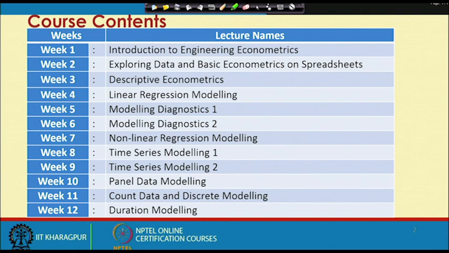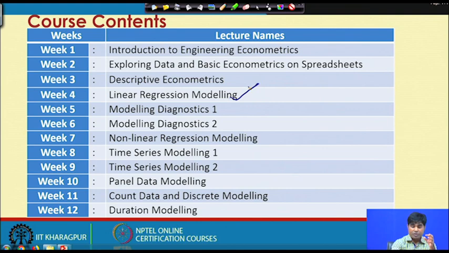And then we will move to unit 4, where we will discuss some real econometrics work, that is regression modeling, in particular linear regression modeling.